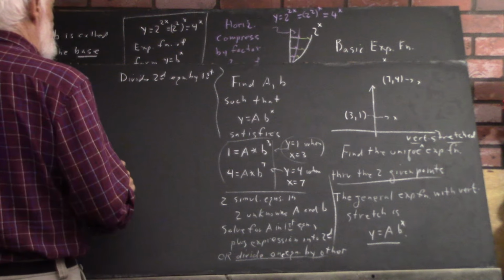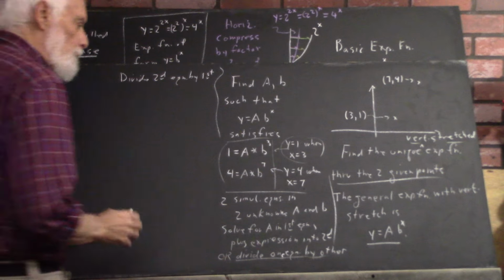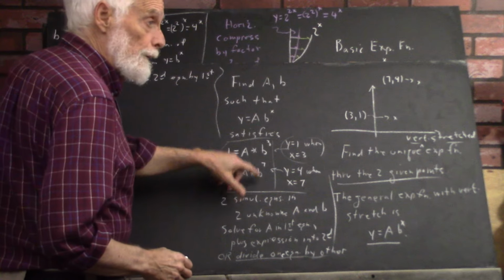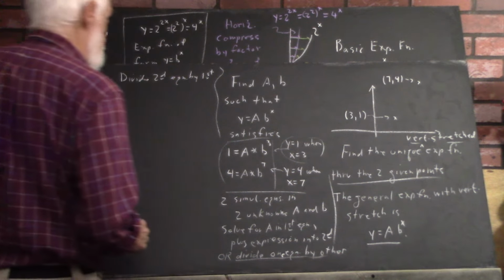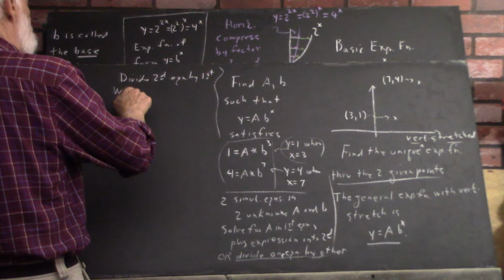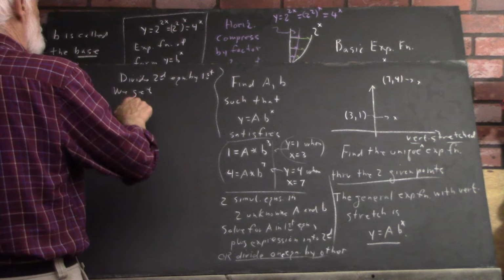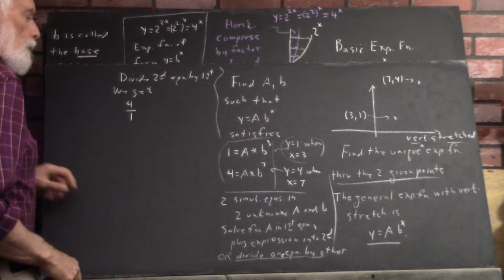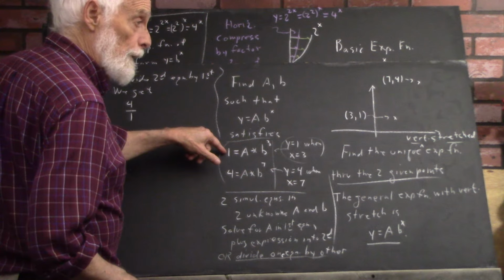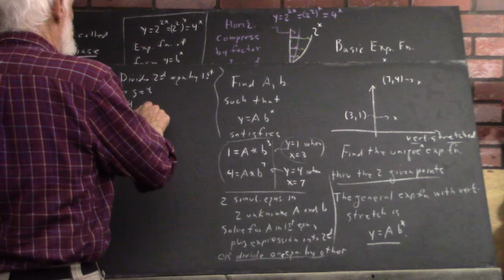Okay? Now, when we divide an equation by an equation, that means we divide the left-hand side and we divide the expression on the right-hand side. So we get four over 1, because that's the left-hand side of the second equation divided by the left-hand side of the first.